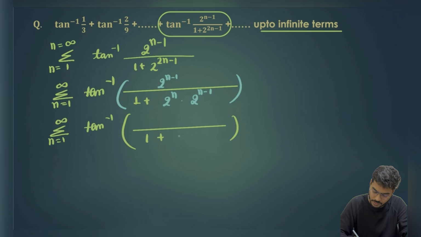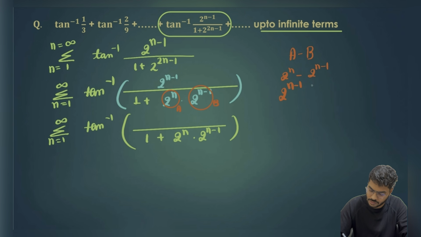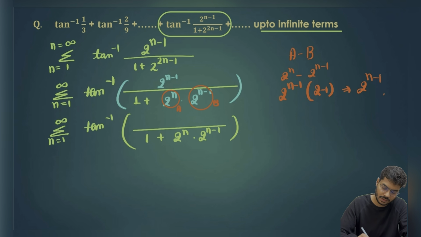Just check, if I assume this is a and this is b, what is a minus b? 2 to the power of n minus 2 to the power of n minus 1. Anything common? 2 to the power of n minus 1 is common, and 2 minus 1 is nothing but 1. I got the numerator part, right? So I can write the numerator as 2 to the power of n minus 2 to the power of n minus 1.